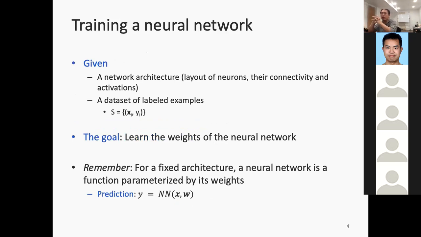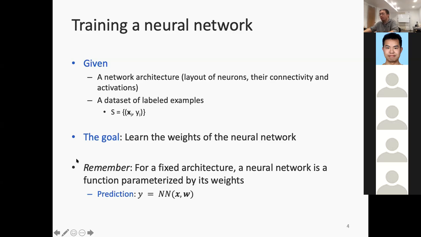Suppose we are given the network architecture, which includes the layout of neurons, how they connect with each other, and also the type of activation function. And also we have collected a data set of labeled examples, which can be viewed as pairs of input and output. Then the goal is to learn the weights of the neural network.